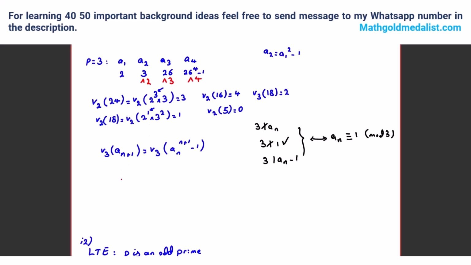Raised to the power of 4. Okay, so if you check, a1 is 2, or instead of 2, you can write negative 1. Negative 1 squared minus 1 is 1 minus 1, 0. 0 squared minus 1 is minus 1. As you can see, it is minus 1. Again, minus 1 to the 4 minus 1 is 0. So we cannot reach a_n that is equal to 1 mod 3.